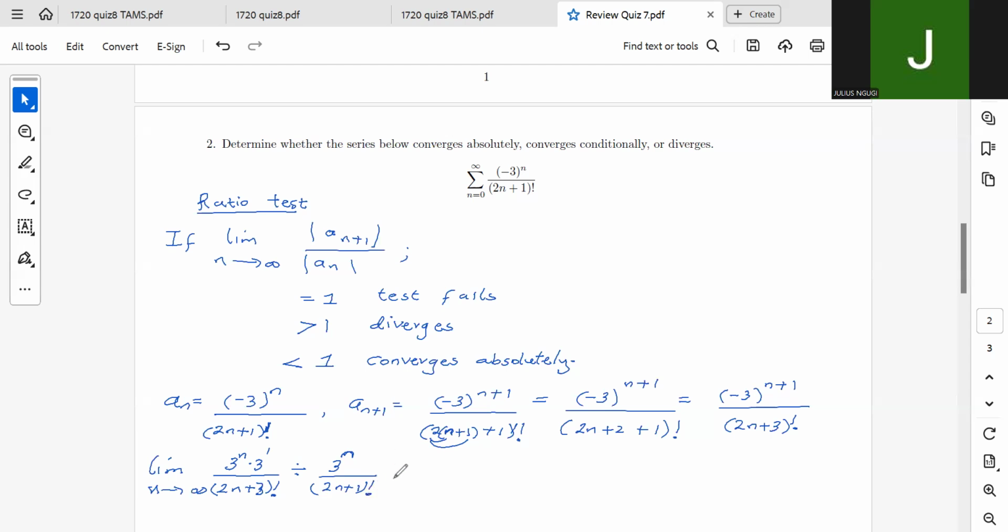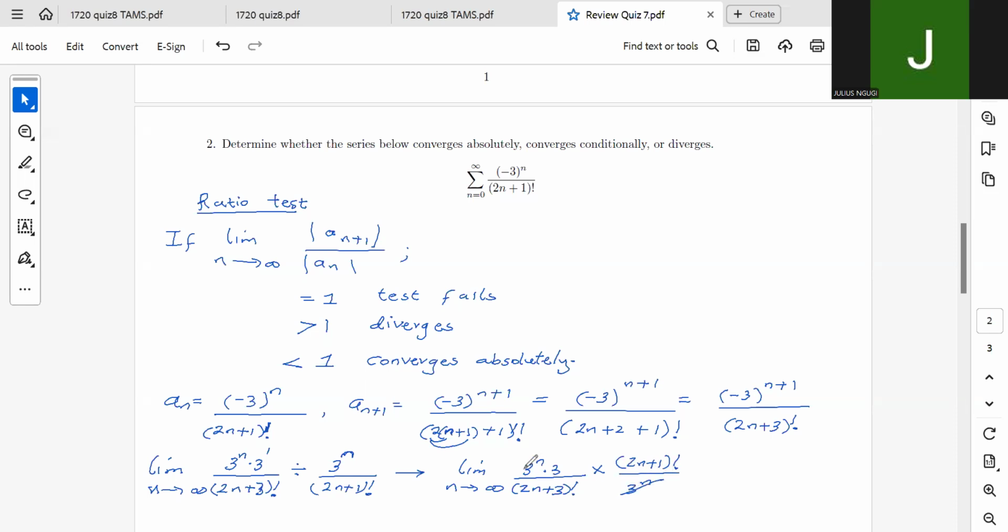factorials. So because we continue, we have limit as n approaches infinity, 3 to the power of n times 3 divided by 2n plus 3 factorials multiplied by 2n plus 1 factorials divided by 3 to the power of n.